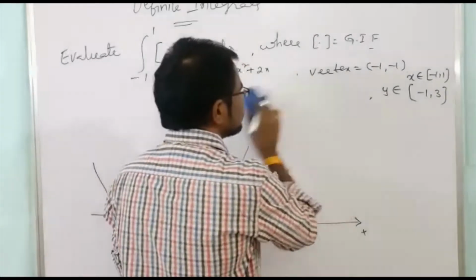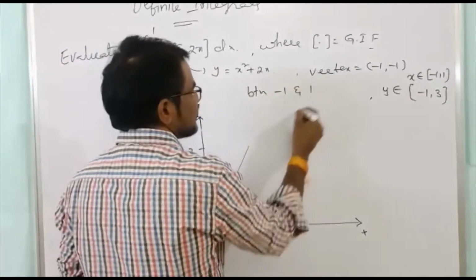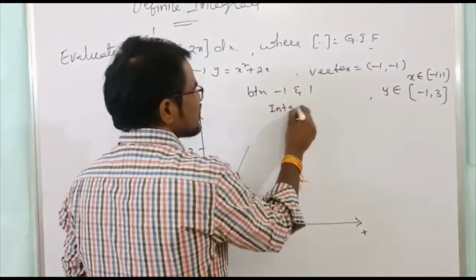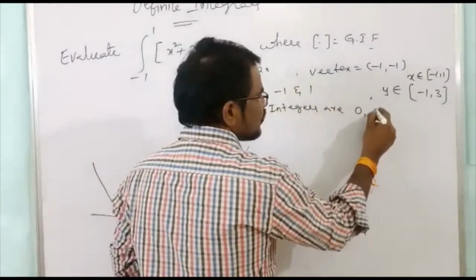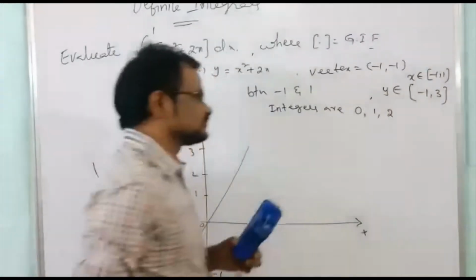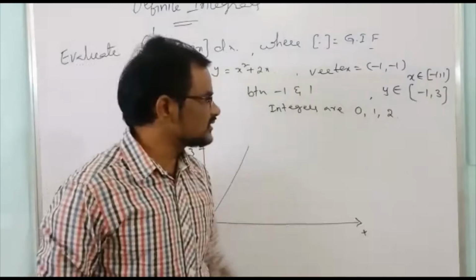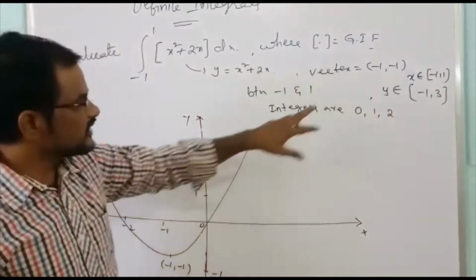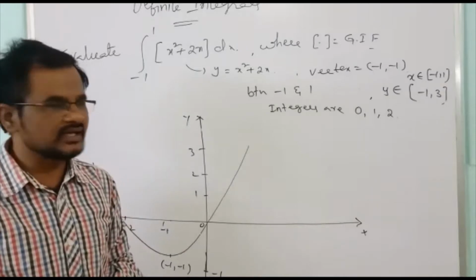So between minus 1 and 3, the integers are 0, 1 and 2. Means at 0, at 1 and 2, so between minus 1 and 3, these 3 are integers. Right?